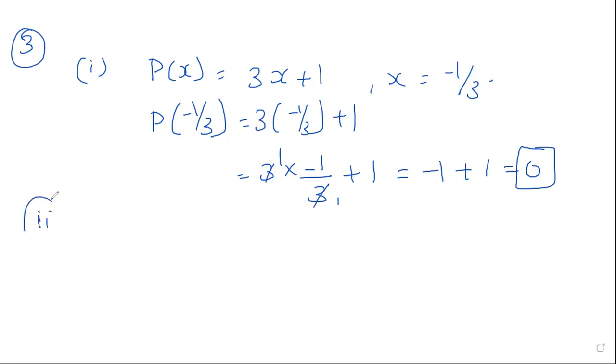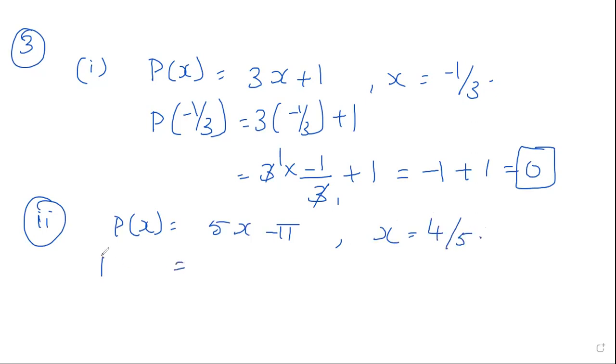Next, second one. P of x is equal to 5x minus pi, where x is equal to 4 by 5. So what is the value of x, children?